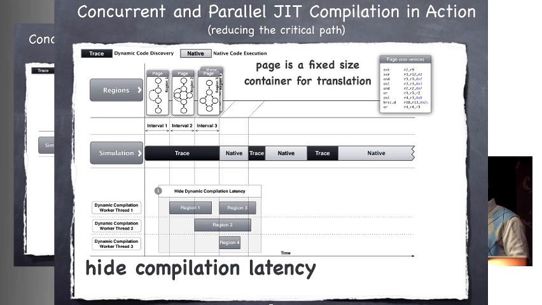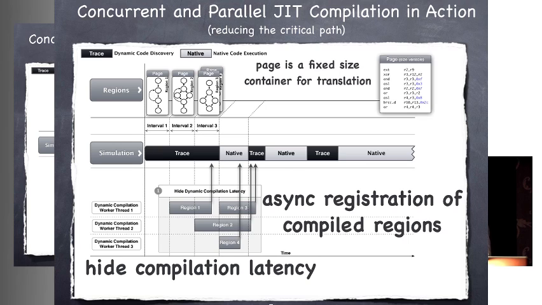What's important as well is that once the compilations are finished, we need to store the results somewhere. We somehow need to let the execution loop know that, hey, for this piece of code we've already compiled something. That also happens asynchronously, because if you think about how you would design the system, your interpreter or execution loop would need to check whether a compilation is already available or not.